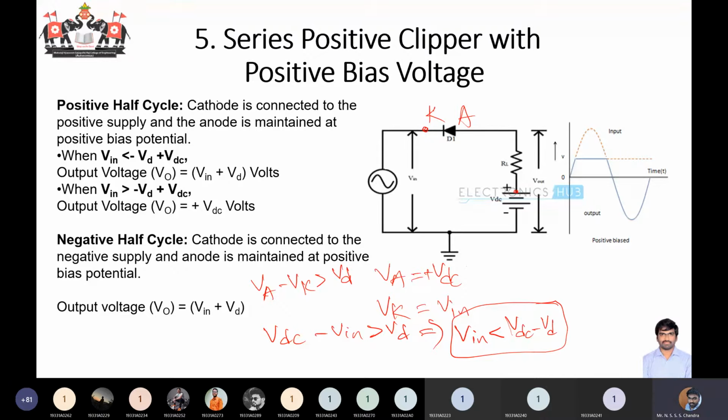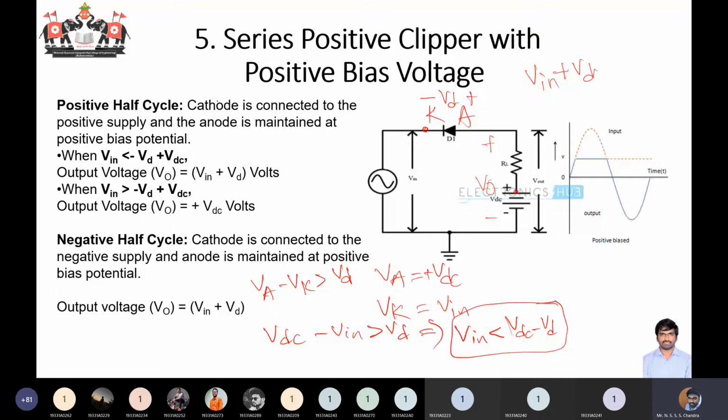Now let us say that your diode is in conduction mode. So when the diode is conducting, this is minus, this plus Vd. What will be your V naught? So this is V naught, right? When the diode is conducting, apply the KVL. It will be plus VIN, and then when we are moving from negative terminal to positive terminal, it is a rise in voltage, so plus Vd.